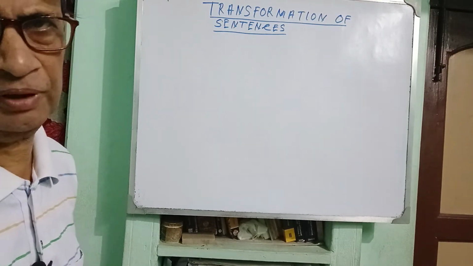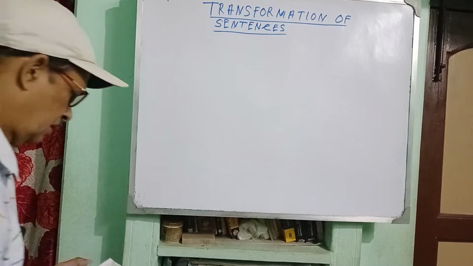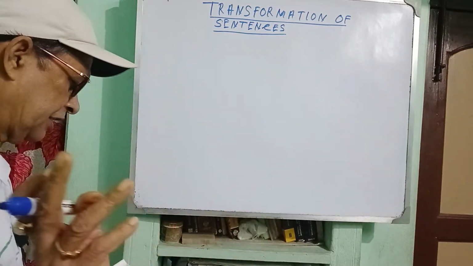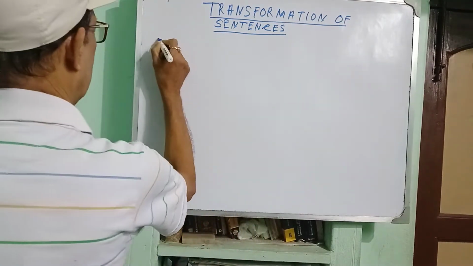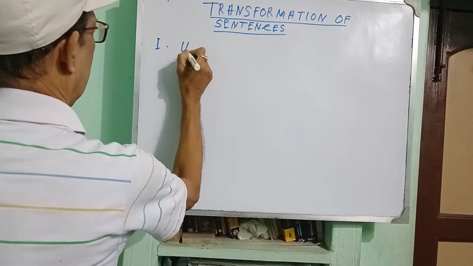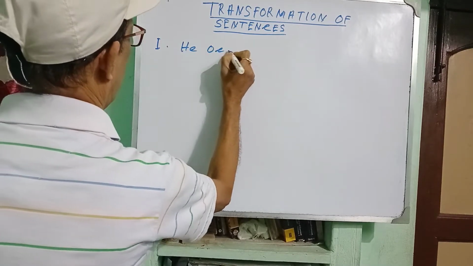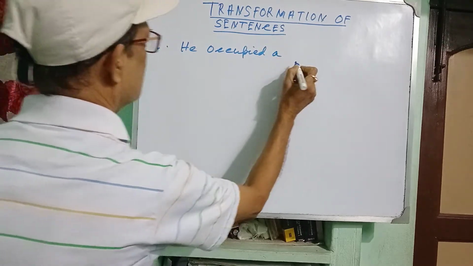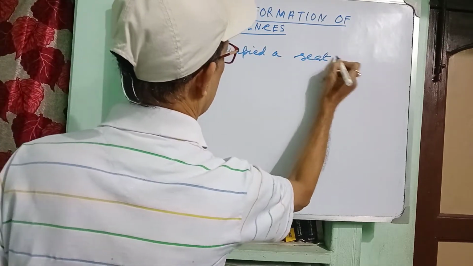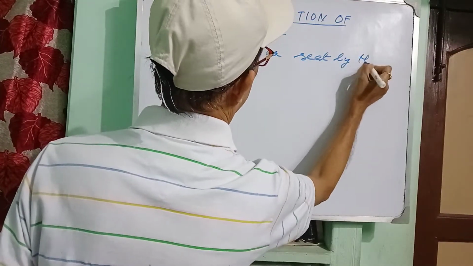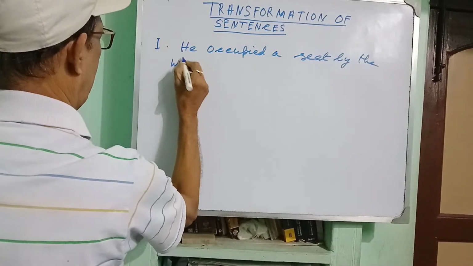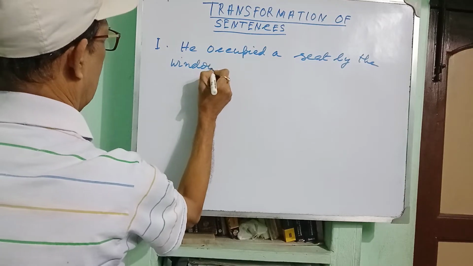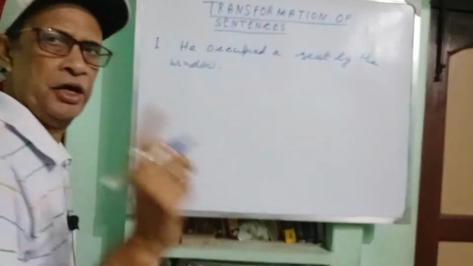my first example is: He occupied a seat by the window. Number one, he occupied a seat by the window. Okay, he occupied a seat by the window.